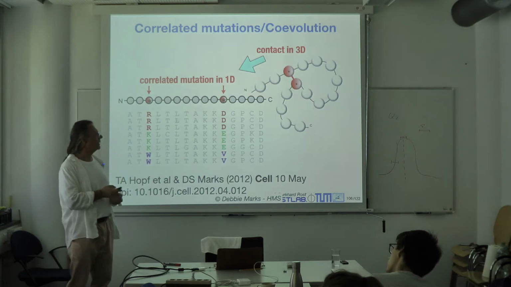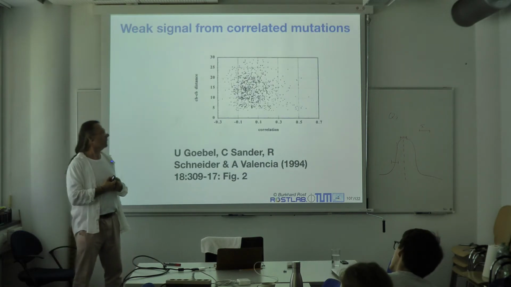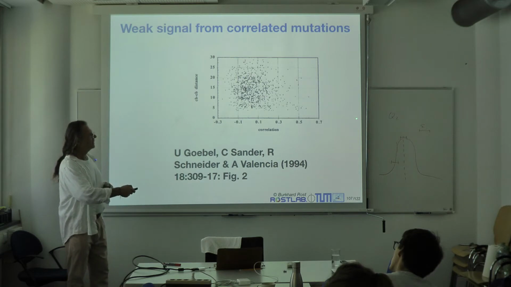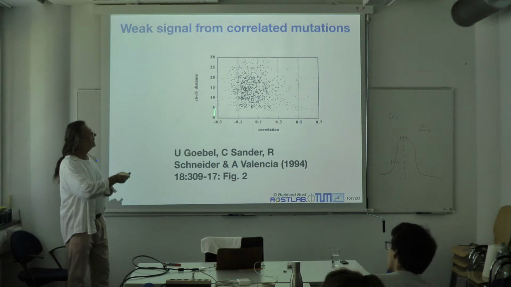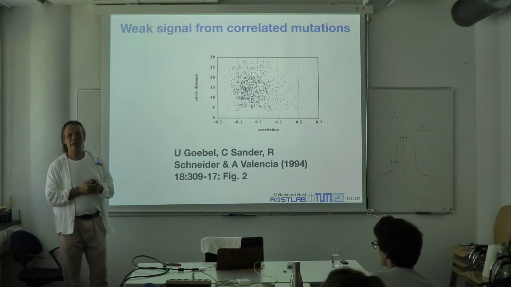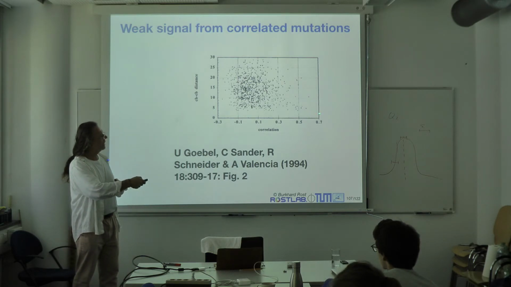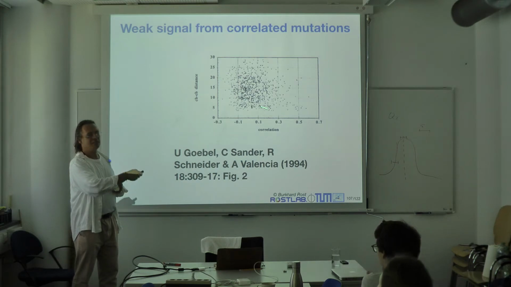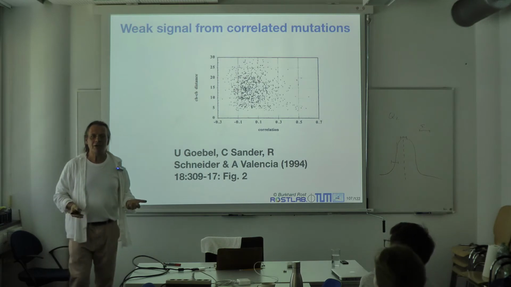The very first paper that claimed that this is the case is here. The axes are evolutionary correlation, increasing correlation, against C beta distance. So what you want is that whatever has a high correlation is down here, and whatever has a low correlation is up here. So you want something like this. And it's unclear whether you see that or not.